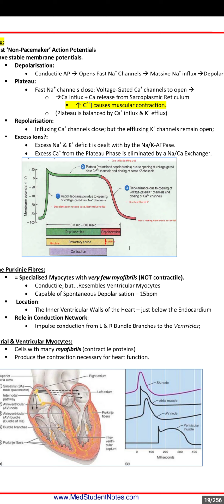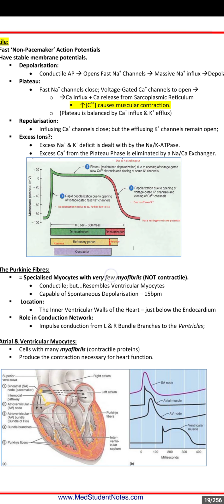The contraction is caused by the calcium influx plus the calcium release from the sarcoplasmic reticulum. This causes Ca2+ to increase, and the increase increases the muscle contraction.